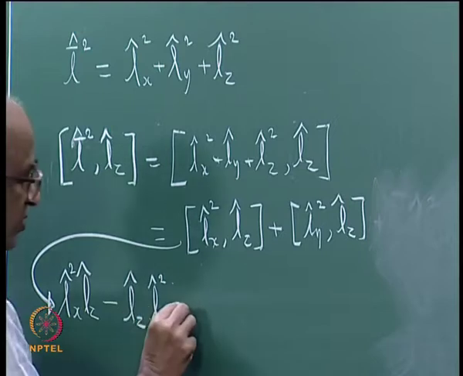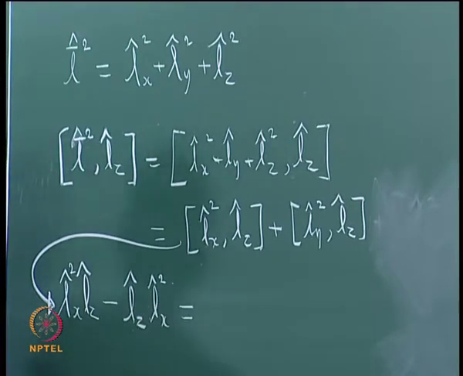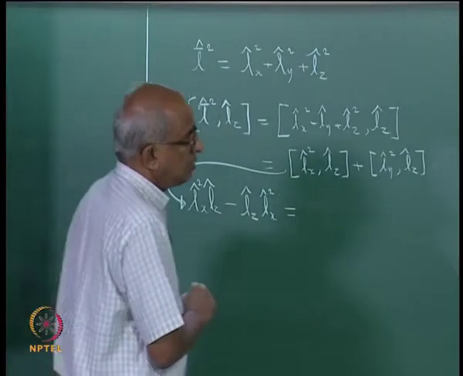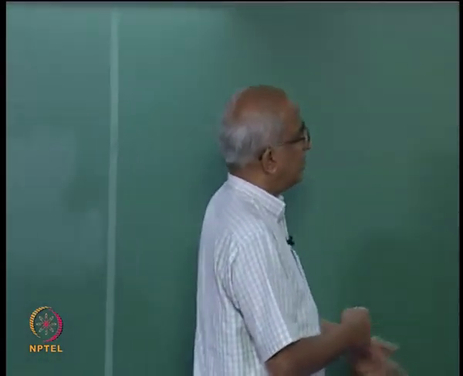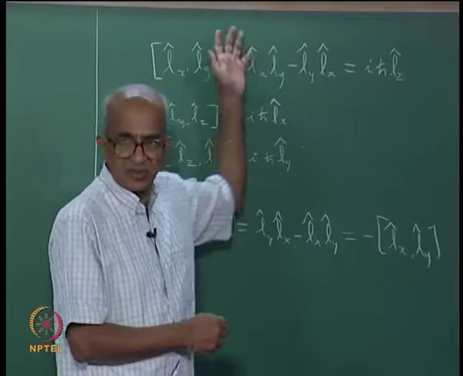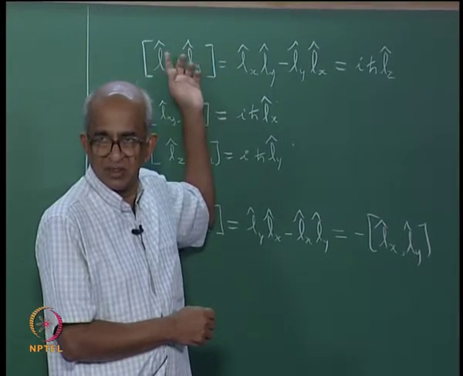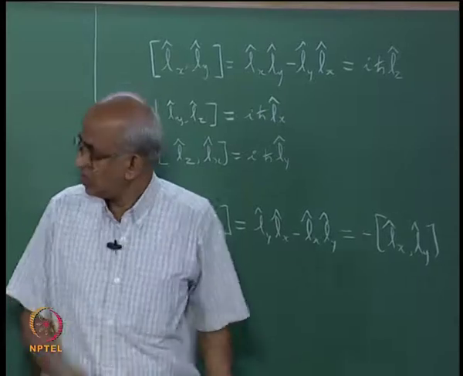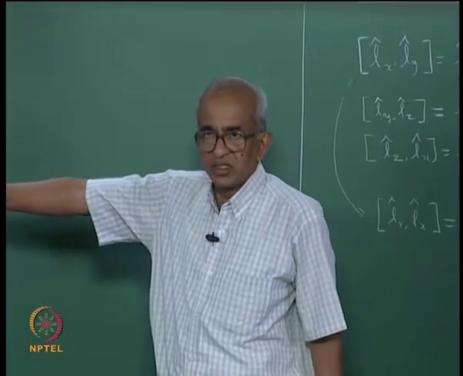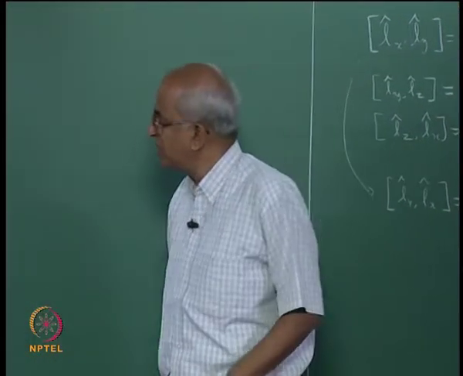Now what I am going to do is, all that I know regarding Lx, Ly, Lz is summarized here. So I know what these things are. So I have to somehow use these things and evaluate that expression which is written there. And how will I do that?